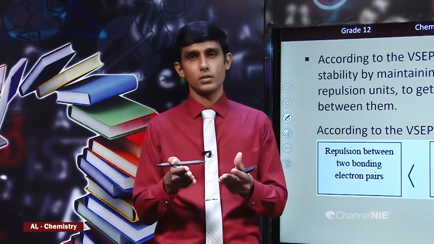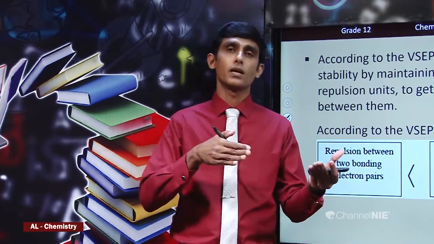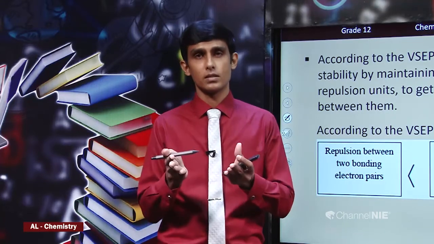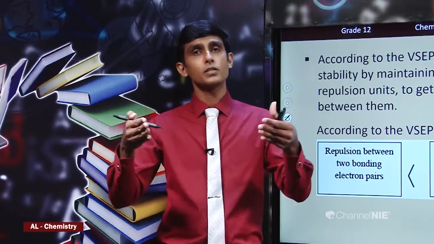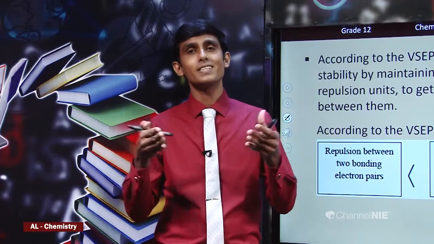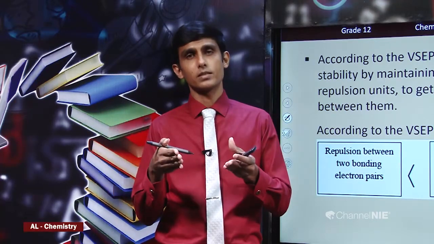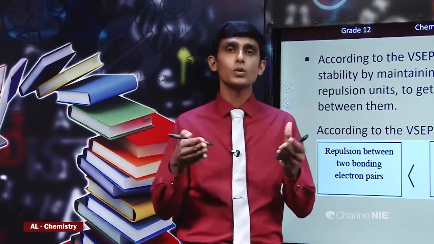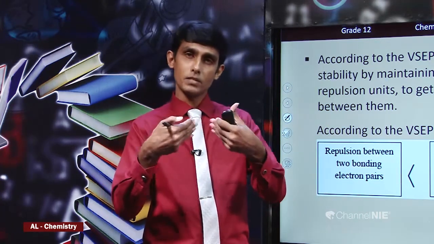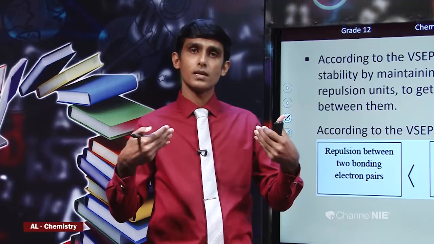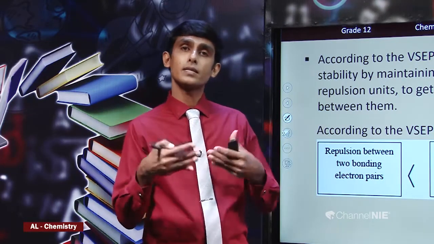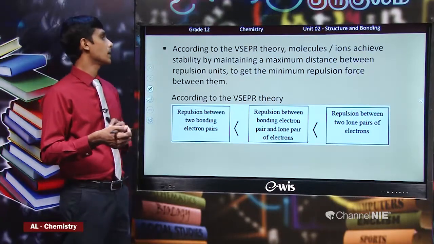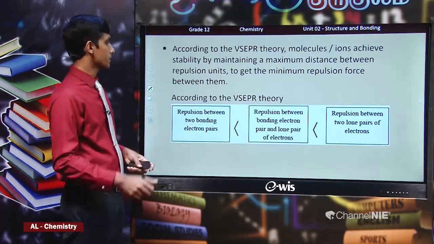Whether it is a bond pair or lone pair, they are electron pairs, that means negative charges. So, there are repulsions between these regions of high negative charge. That idea is very clear. They tend to maximize the distance, and only then can they get a stable arrangement.